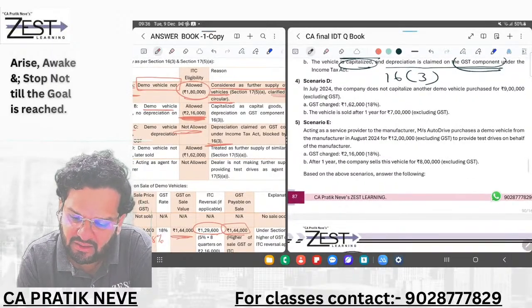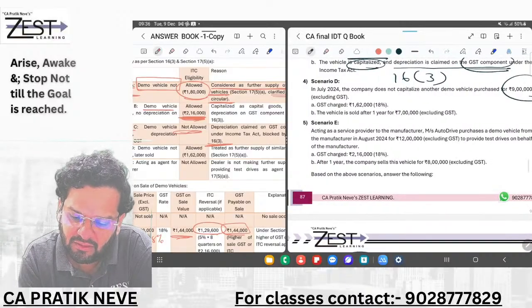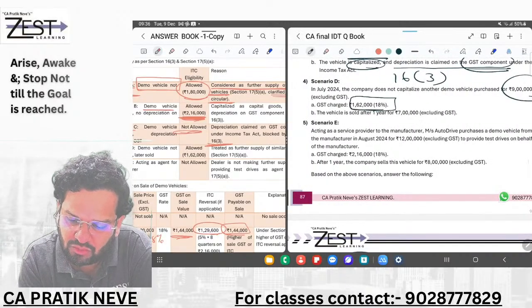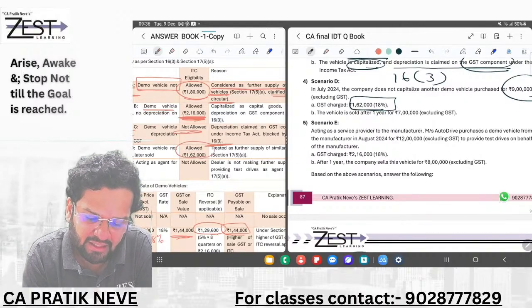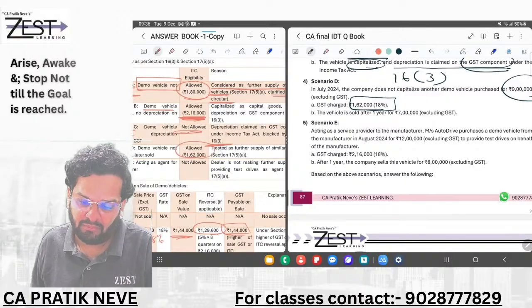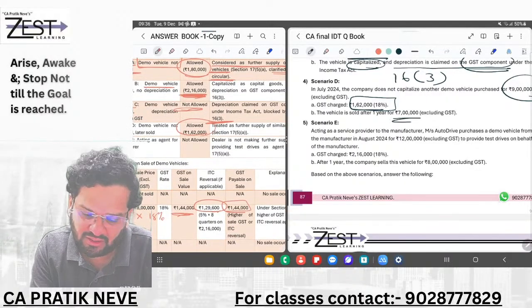Scenario D, company does not capitalize the demo vehicle purchased for 9 lakh. GST is 1,62,000. And now it's okay. ITC will be allowed. But further it is sold after 1 year for 7 lakhs.